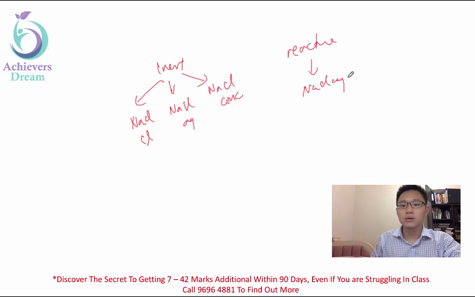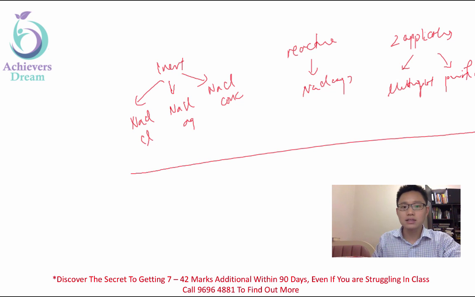And lastly, we ended off with 2 applications, which are electroplating and purification of metal. So this marks the end of electrolysis, and only through practice will you be able to learn it even better.